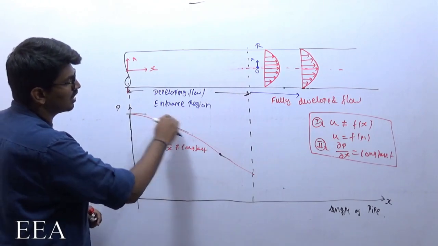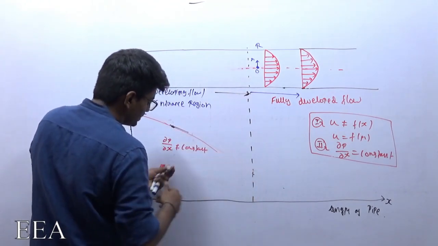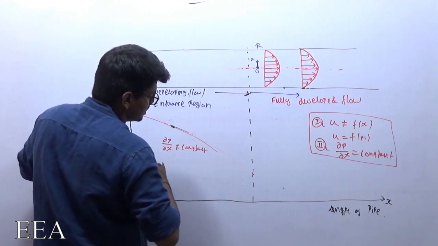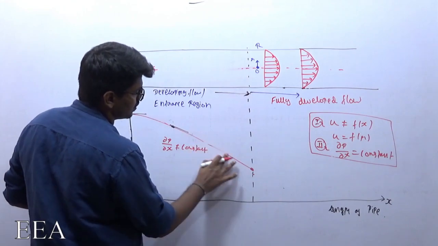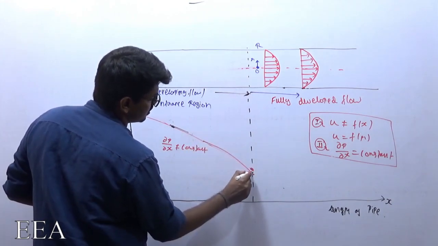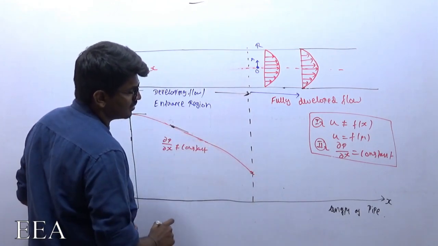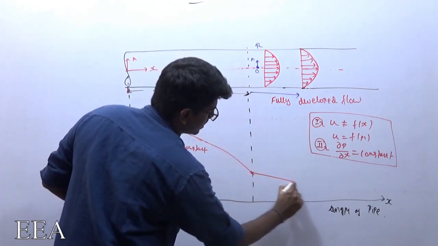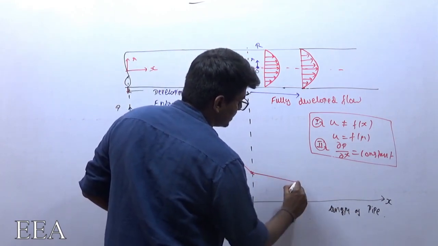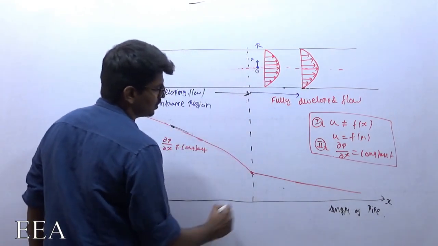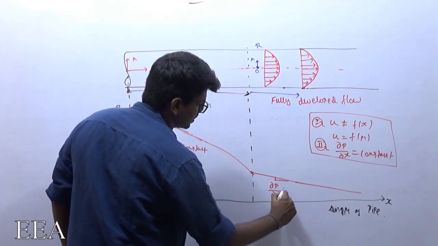So slopes are not constant, but once it reaches fully developed flow, the slope has to be constant. That is the most important thing to note. You could see here the slope value, dou p by dou x value, is constant.